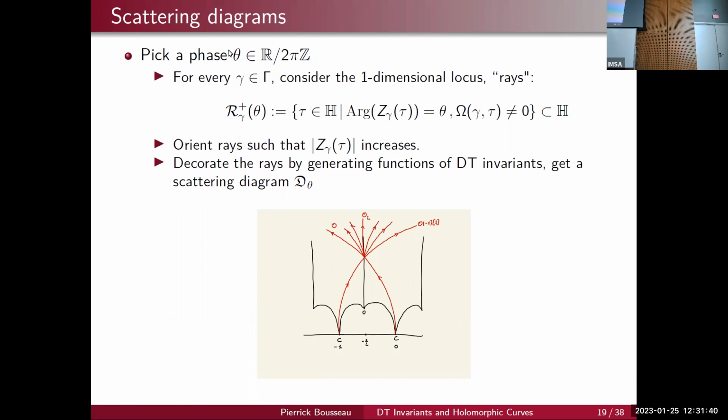This is the one associated to the line bundle O. On P2, you can have the same for the line bundle O(-1), shifted by 1 in the derived category, you get the curved curve on the left. Or you can ask the question for the structure sheaf of a line in P2. And what you'll find will be some vertical line stopping at some point, which is exactly the intersection point of the two previous curved lines.